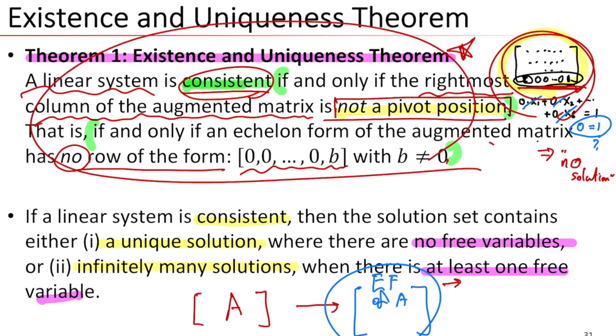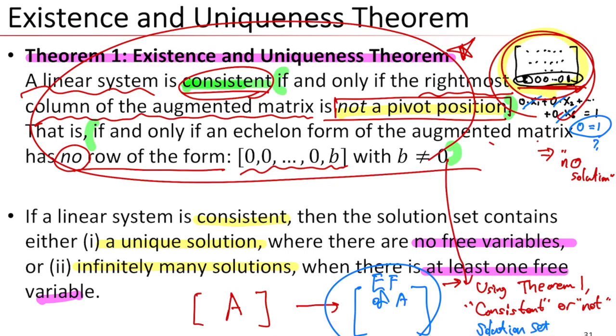By using this theorem. Okay. By using theorem 1, we can determine whether this system is consistent or not, right? So it means that there exists a solution set or no solution set.